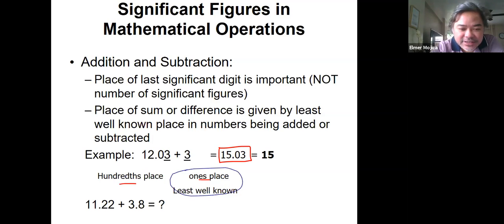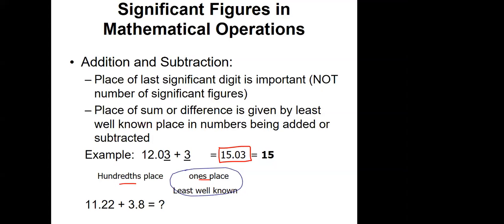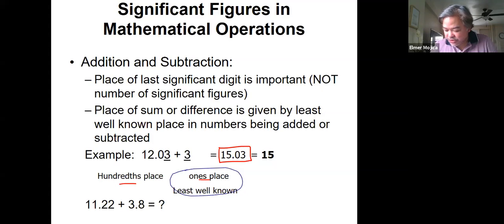How about the answer here? What's the answer here? 11.22 plus 3.8. Anyone? 15.0? 11.22 plus 3.8.